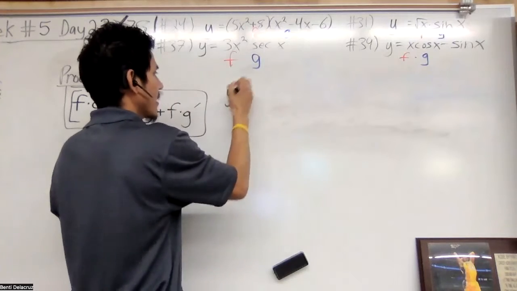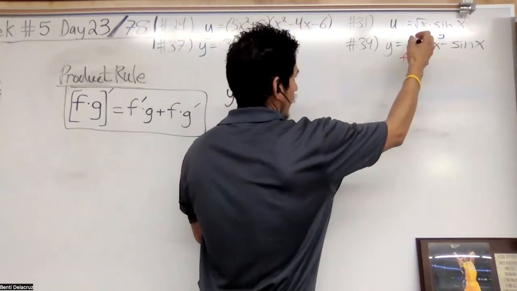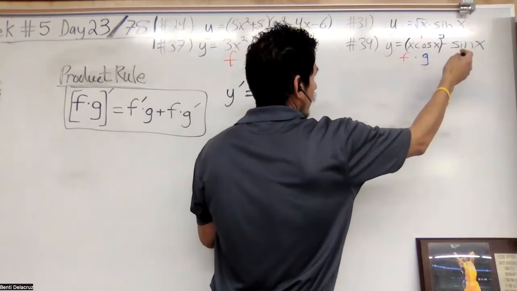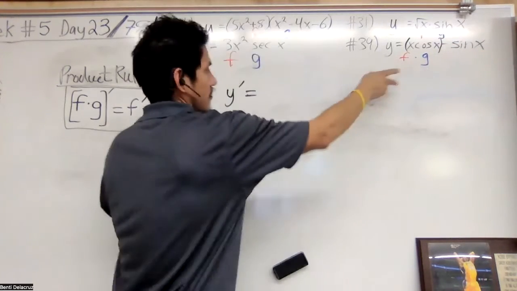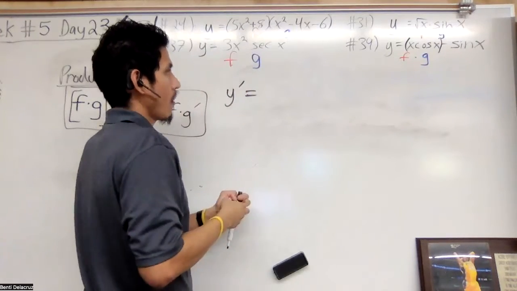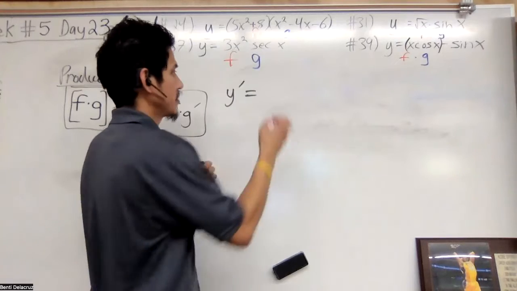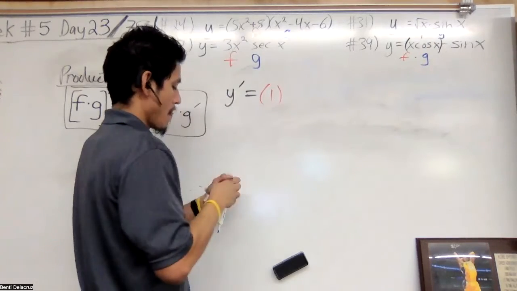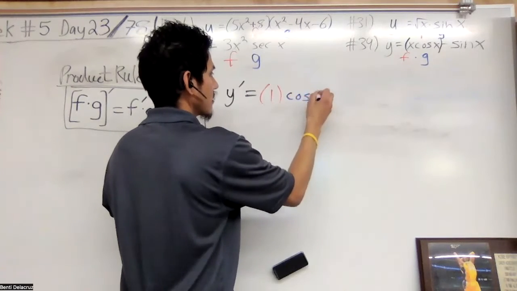So y prime will be equal to, again, we're going to focus on this first part. Then afterwards, we're going to subtract the derivative of sine of x, once we find the derivative of f times g. So f is equal to x. So we take the derivative of x, which is just going to be 1, multiply that by g of x, the cosine of x.